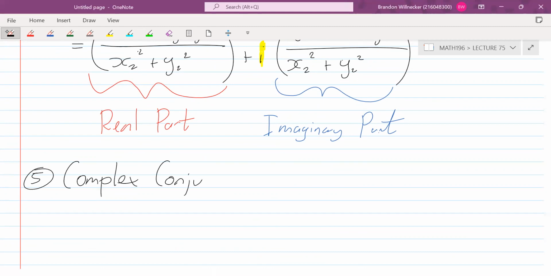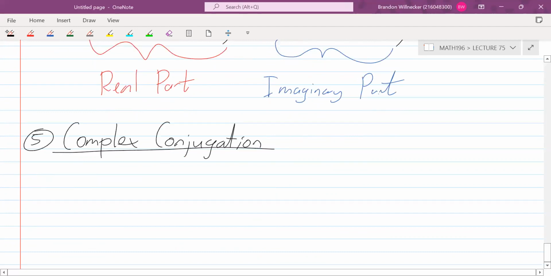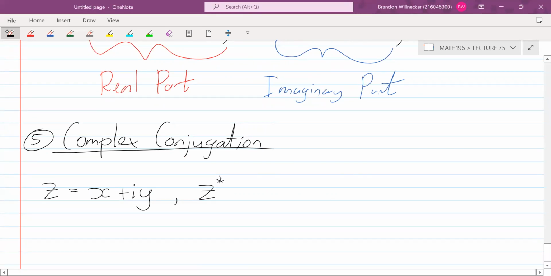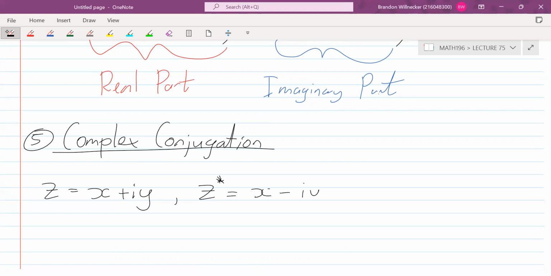Complex conjugation. This works with a single complex number, unlike the other ones where we need two complex numbers. Given z equal to x plus ry, we write the complex conjugate of z, z star, as equal to x minus ry.